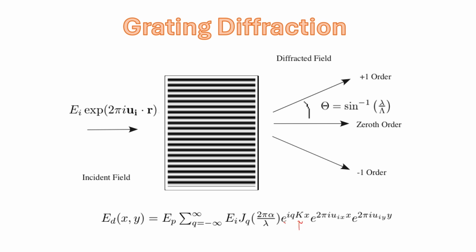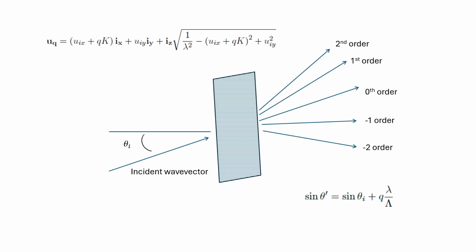And so the diffracted field diffracts into multiple orders, the 0th order corresponding to the DC component of the phase modulation, and then each higher order having a wave vector which would be q, an index, divided by lambda, the period of the grating. And now each order has its own diffraction angle, and the diffraction angles of each one is shown here.